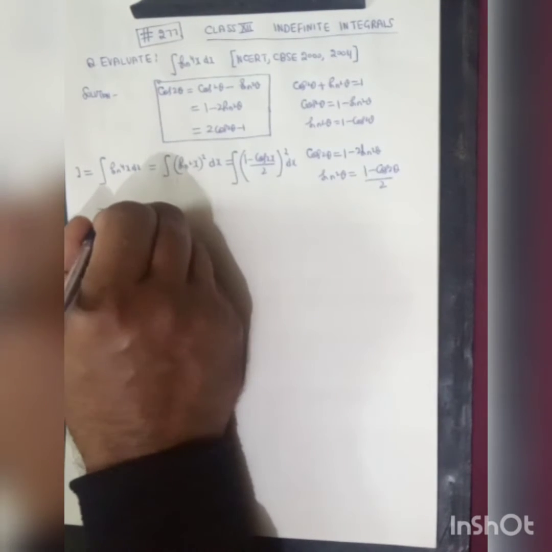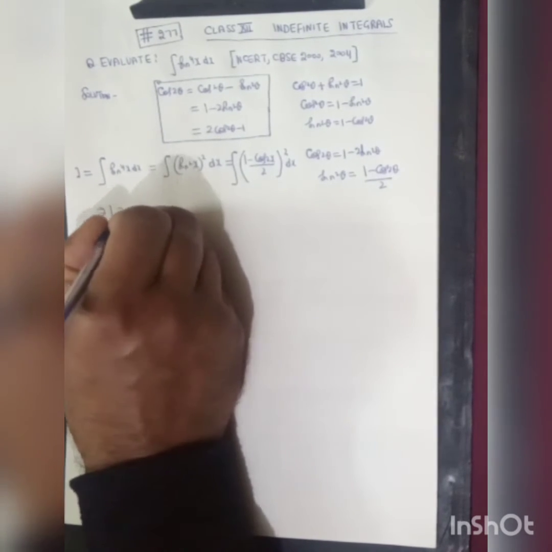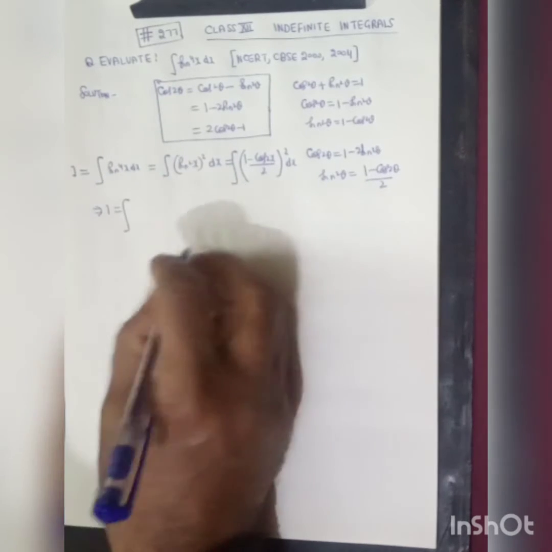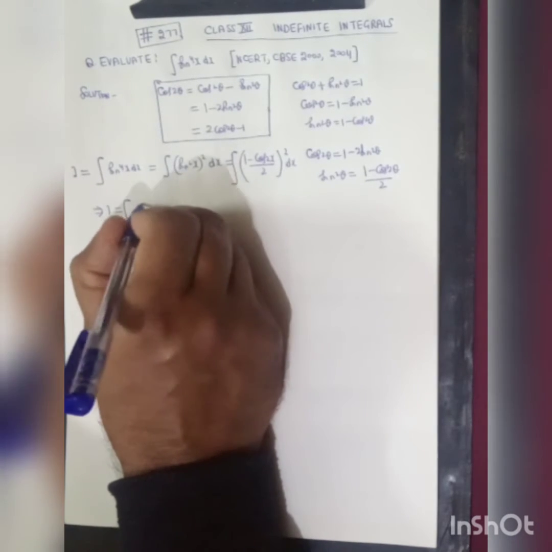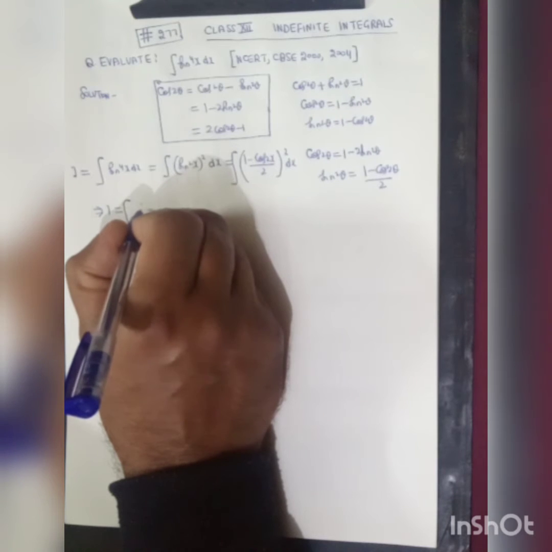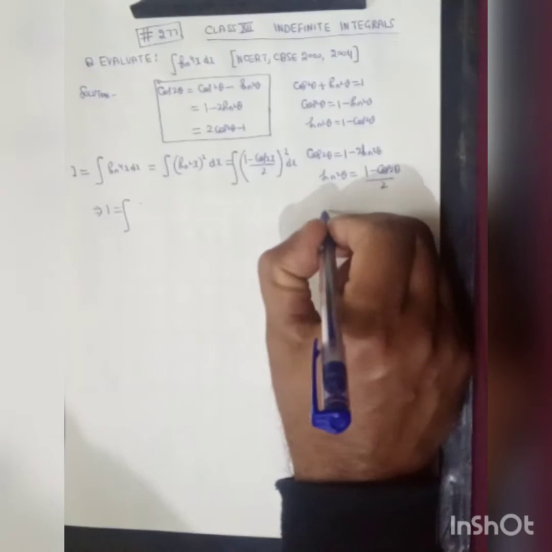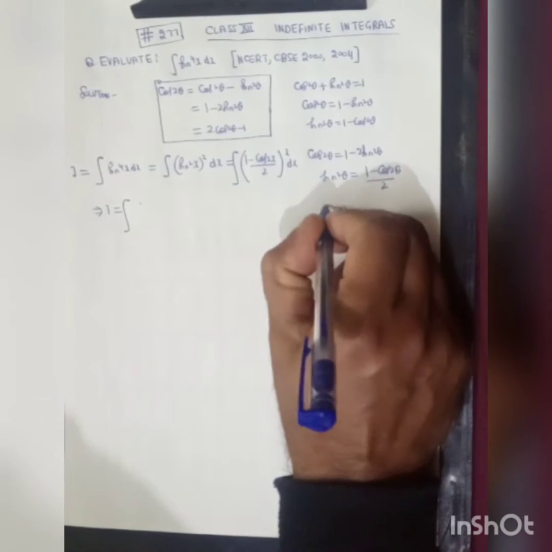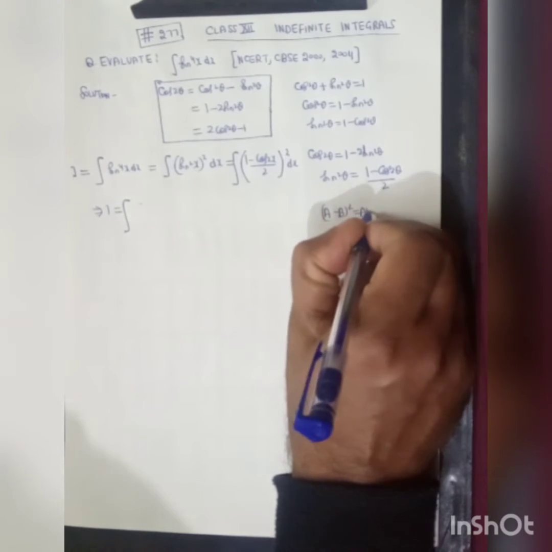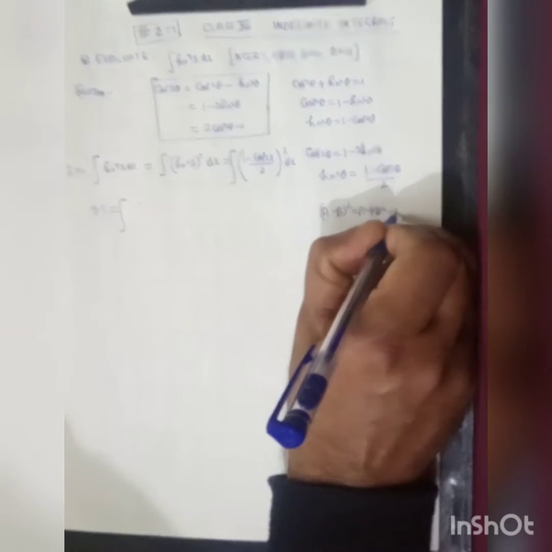So this further can be written as, now we know that (a minus b) whole square is equal to a² plus b² minus 2ab.